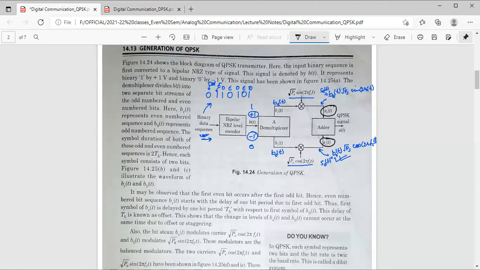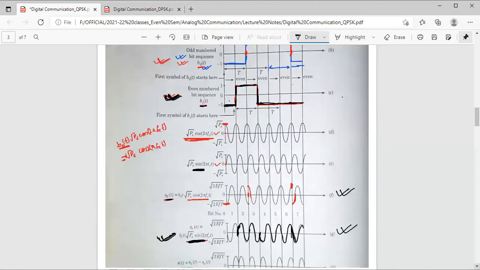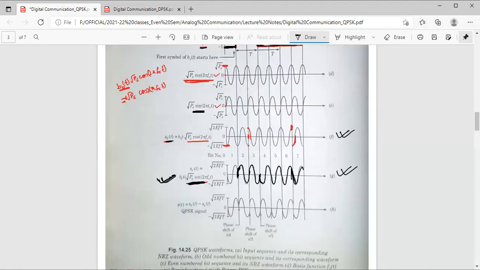Now these will get added and we will have a quadrature phase shift keyed signal. So there is some summer, and s_e(t) and s_o(t), that is the even part and the odd part, get added.